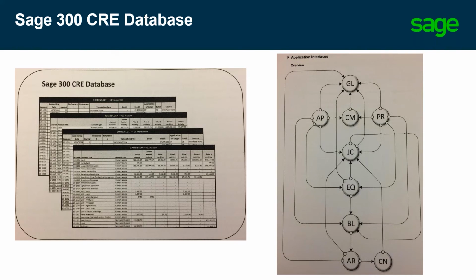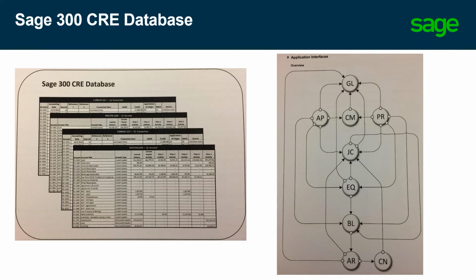The data flow diagram on the right shows some of the Sage modules and how they interact with one another. So for example, if you look at the bottom half of that, you'll notice that the accounts receivable invoices can be generated from the billing module. And then when those accounts receivable invoices are paid on, it updates the general ledger accordingly.